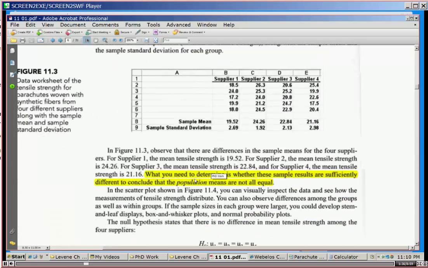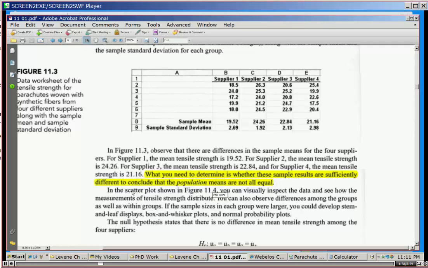What we need to do is to determine whether these sample results are sufficiently different to conclude that the population means, and once again, populations in this chapter are groups. These 4 groups, those are the populations.